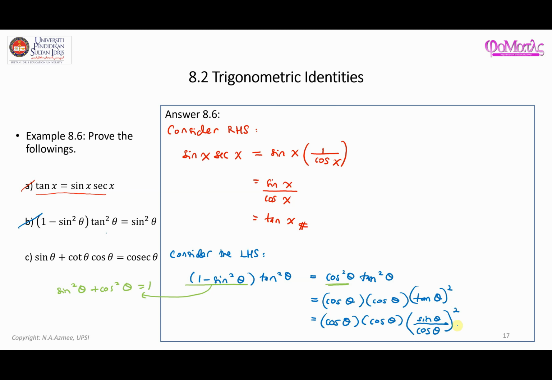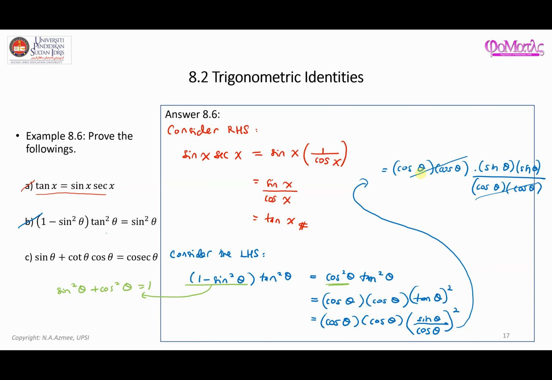Next, I'm just going to continue on this side. So next I will have cos theta times cos theta over here. We can expand it, so this is sine theta squared, and at the bottom I have cos theta and cos theta, so you can cancel the two terms on the top with the ones at the bottom, and you are left with sine theta times sine theta.